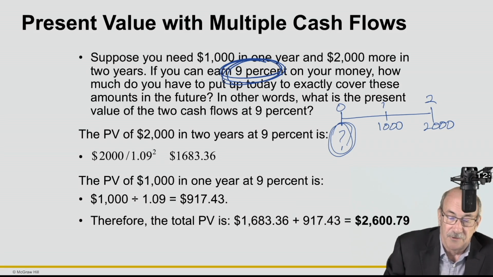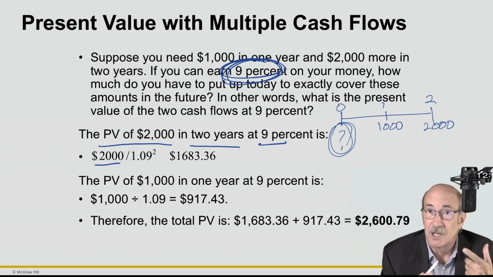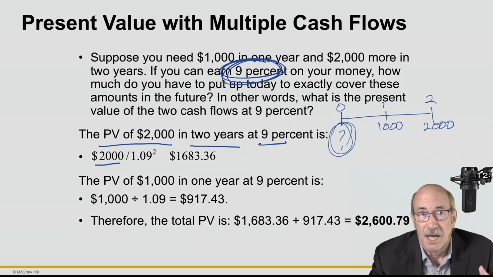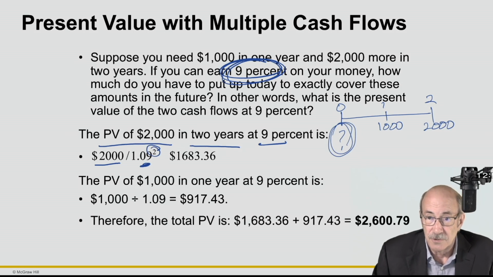So the present value of $2,000 in 2 years at 9% is simply 2,000 divided by, remember here, because we're moving it back, we're discounting it, so we're dividing by 1 plus r raised to the t. And 1 plus r being 9%, there's our r, and then t being 2 years.